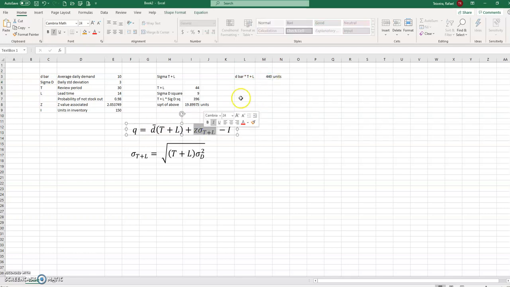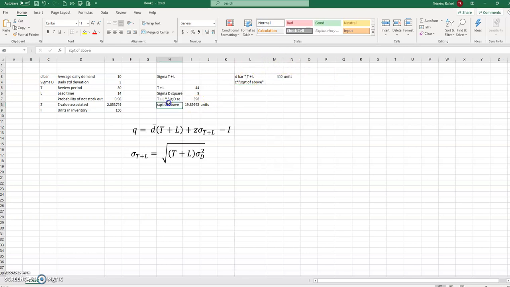Now I have to compute this. So let's call this z multiplied by the square root of the number we computed before. This square root is this here.